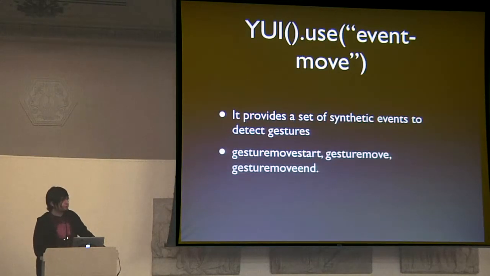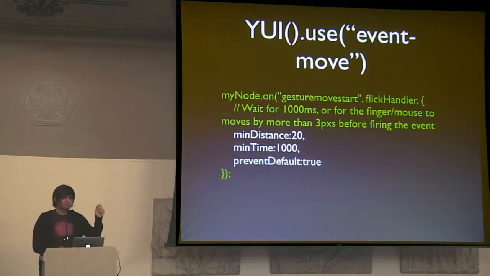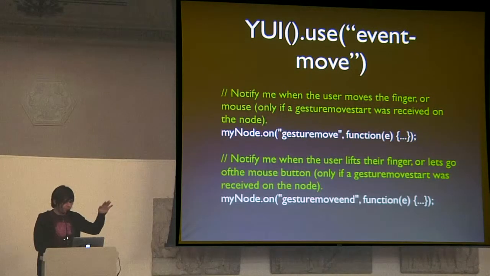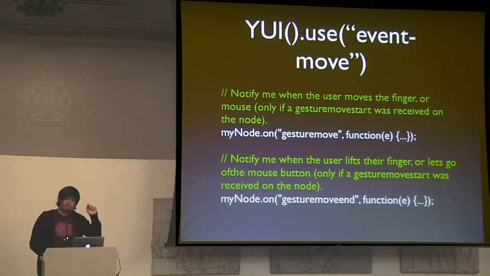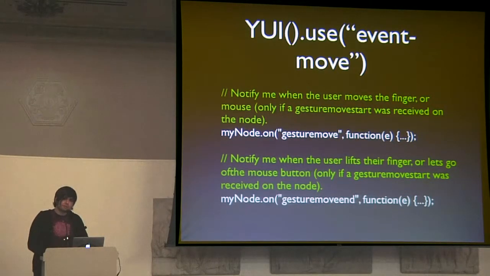If you want to have more control of what's happening on that flick event, we also provide events you can subscribe to, to detect when the gesture actually starts, when it moves, and when the user lifts the finger off the mobile device, and then you can react to it and do whatever you need to do. So again, pretty highly customizable, and you can definitely achieve a lot of the native coolness with just the web.